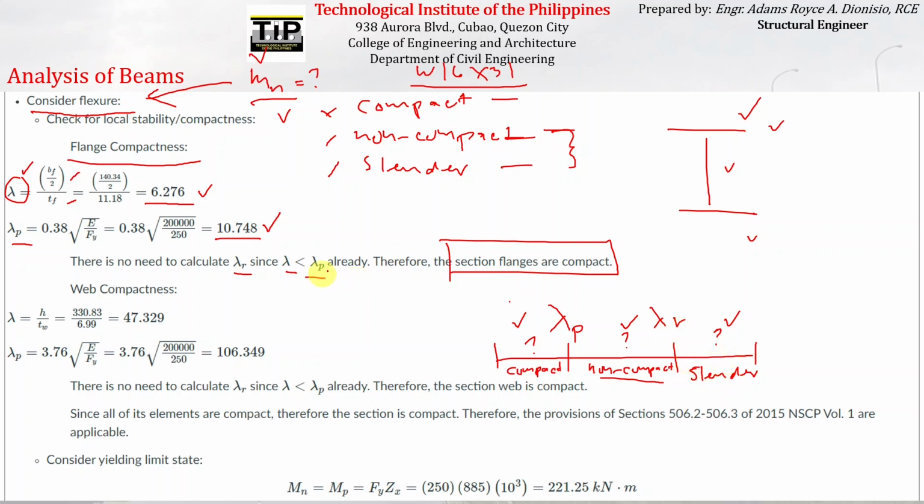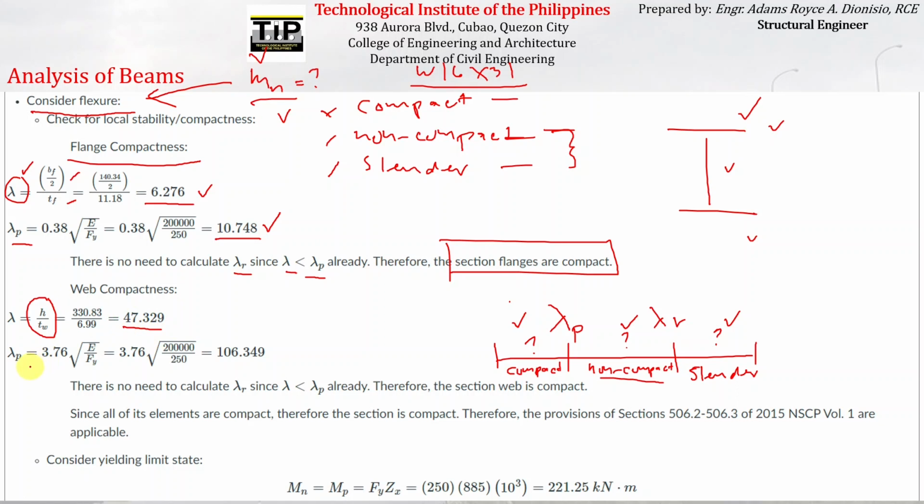So we have found out that the flange is compact. All we need to do is to check the compactness of the web. We will just use the same concept. We will compute for the width thickness ratio, which can be found on the code, and the width thickness ratio for web is just equal to the width of the web, h or T on the ASEP Steel Handbook, divided by the web thickness. And the corresponding answer is equal to this.